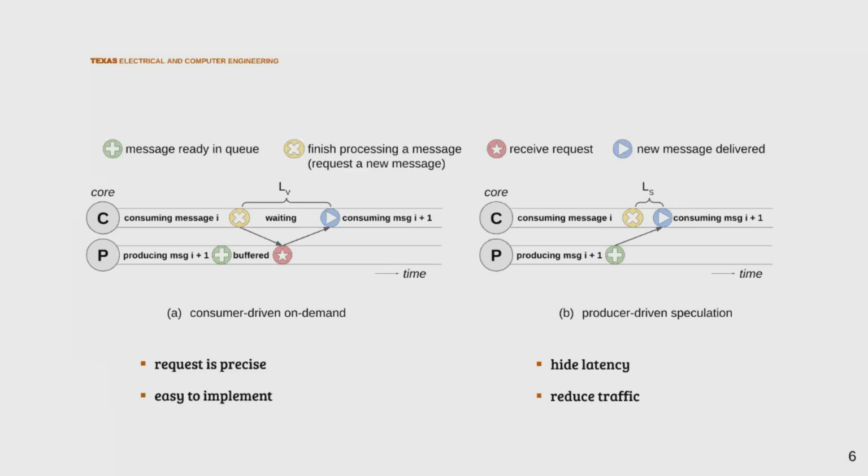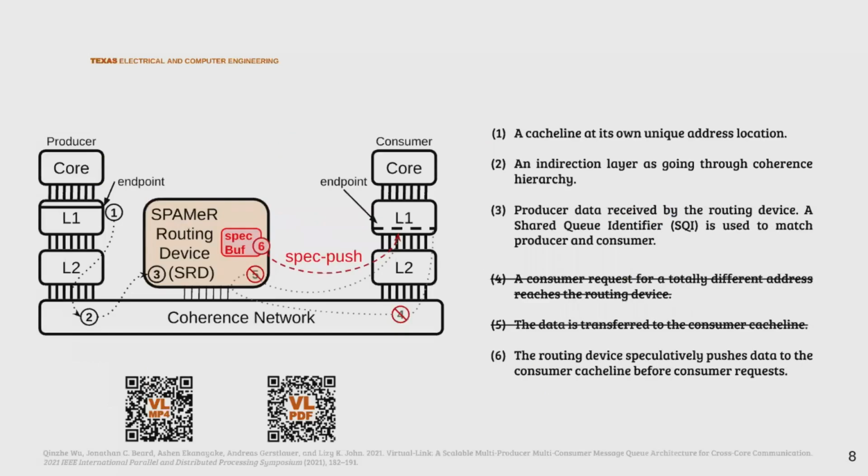Moving on, we are going to take a closer look at how SPAMeR implements this idea. We build SPAMeR atop a state-of-the-art hardware queue called Virtual Link, with some minor changes highlighted in red. Virtual Link works by having a routing device attached to the coherence network.